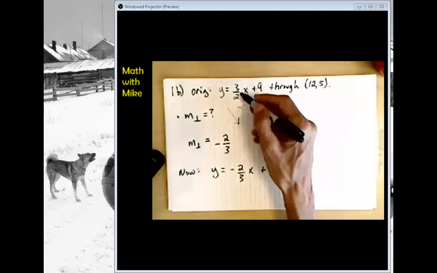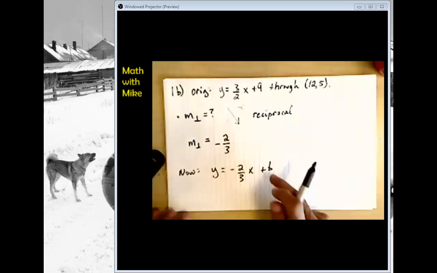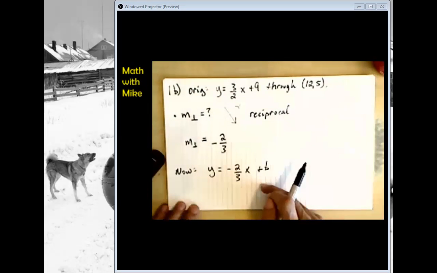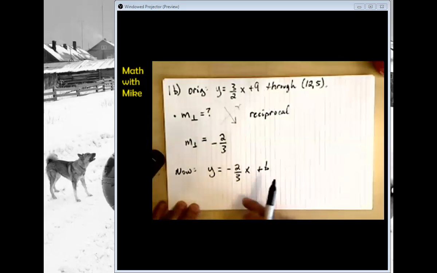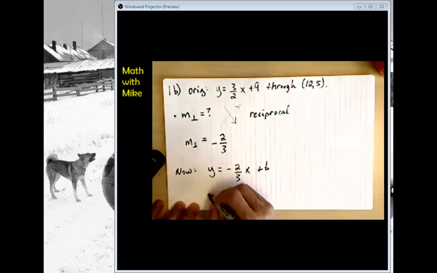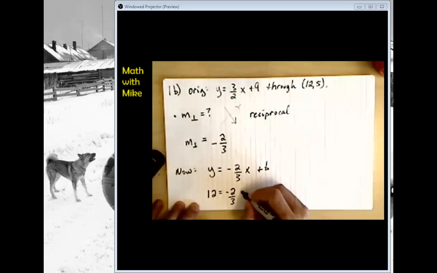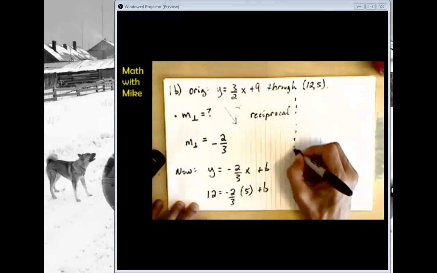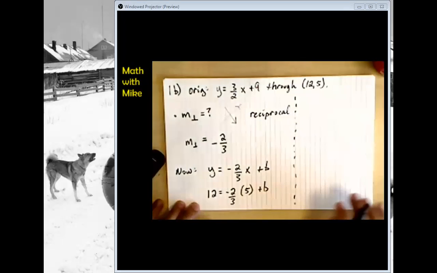Slope's different. But we still need the b, and we find it in the same way as the earlier question. This point is going through 12 and 5. So we put the 12 in for y, the 5 in for x. Use some brackets there to show it's separate. And that's what we got.